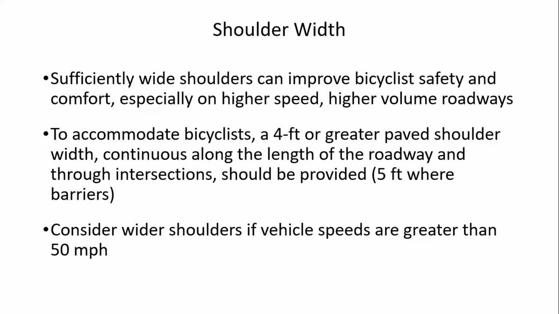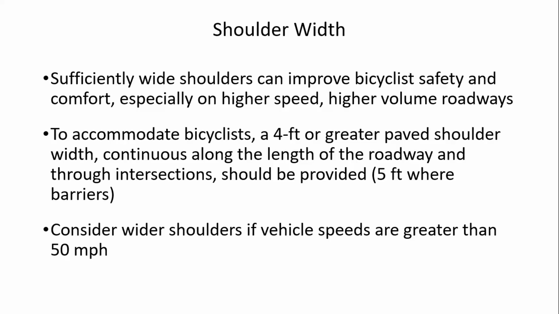What about shoulders? Shoulders are obviously important for a number of reasons to roadways and roadway operation and safety and maintenance even. But sufficiently wide shoulders can also improve bicyclist safety and comfort, especially on higher speed, higher volume roadways.